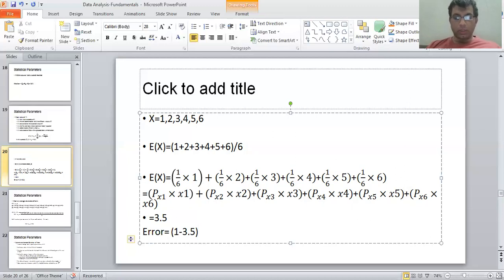I should be able to find 2 minus 3.5. This would give me the distance between 2 and 3.5, that is, how far 2 is from the mean, which was the expectation. 3 minus 3.5, and definitely this would be closer to 3.5 because 3 is much closer to 3.5 as compared to 1 or 2.